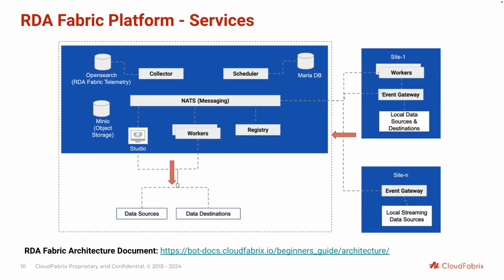For example, if you have a central data center and then you have many branches, or if you are a service provider with customer environments, which are in their own on-premise or cloud, and you have very limited or restricted network access, where the on-premise or local infrastructure cannot be exposed over the WAN or through the internet, in those cases you can deploy these edge services like worker or event gateway in the local environment at the remote edge locations or in your customer locations, which will integrate with the infrastructure locally and transmit the data securely back to the platform over an SSL channel.